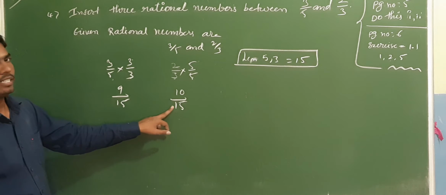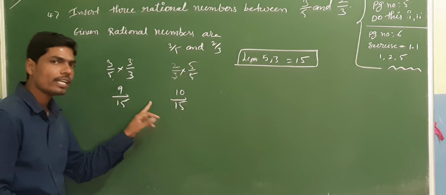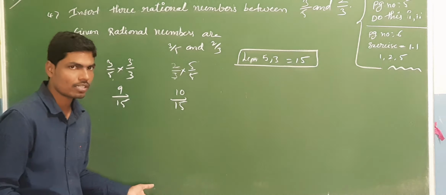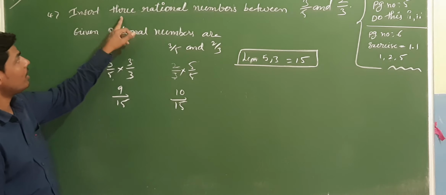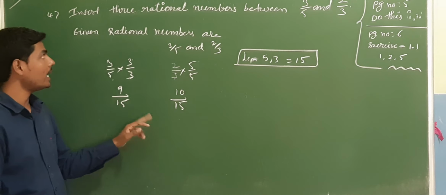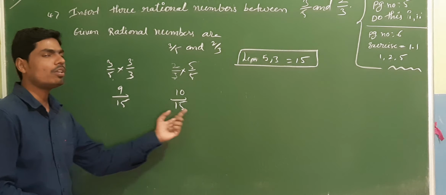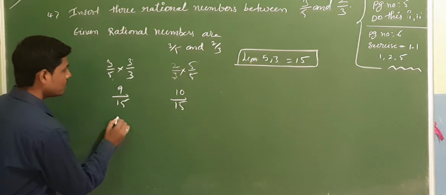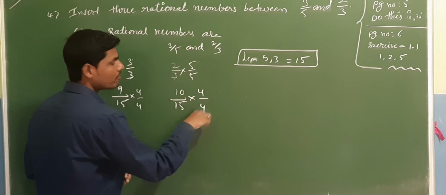So in between 9 by 15 and 10 by 15, how many rational numbers are there? 9, 10. In between, no rational number. Right? After 9, only 10 will come. So now how many do we need to find? 3. So for getting exactly 3 rational numbers, you need to multiply and divide both the fractions with 4. That is into 4 by 4.